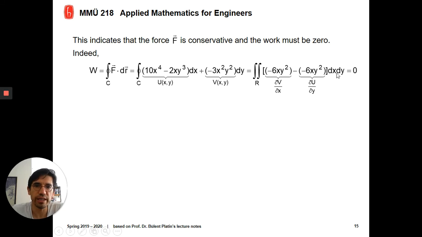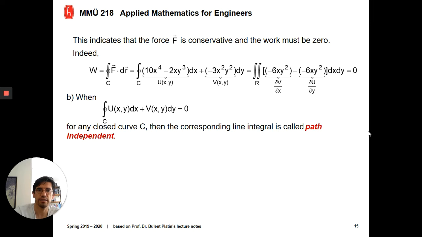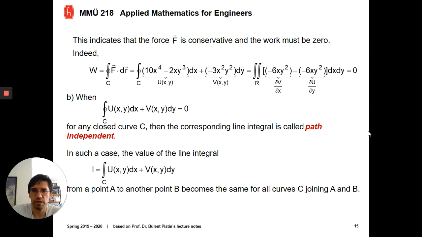Okay, so in any case, it doesn't matter. When you add these two up, they add up to 0. So what does this tell me? On a closed loop, if the work expression from the curl form on the right-hand side comes out to be 0, then this field must be conservative. And for a closed curve, the line integral is path independent.